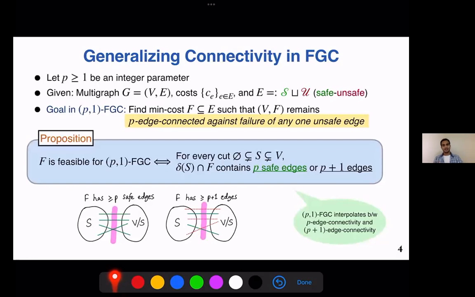Again, a subgraph (V, F) is feasible for (p,1)-FGC if and only if for every cut the subgraph contains p safe edges or some p plus 1 edges. They may be safe or unsafe, some combination of those. So (p,1)-FGC can be seen as an interpolation between p-edge connectivity and (p+1)-edge connectivity.